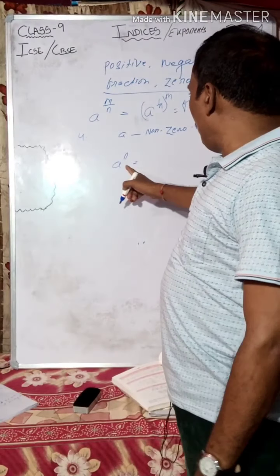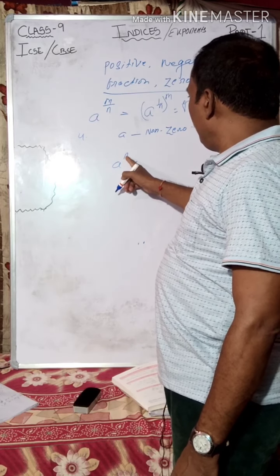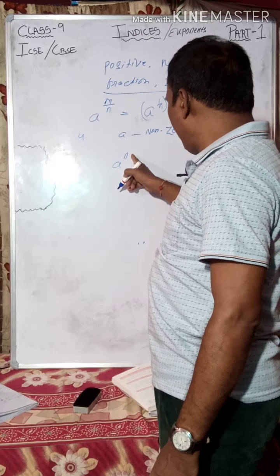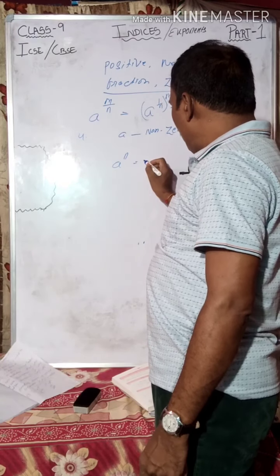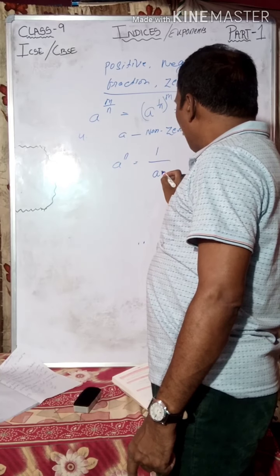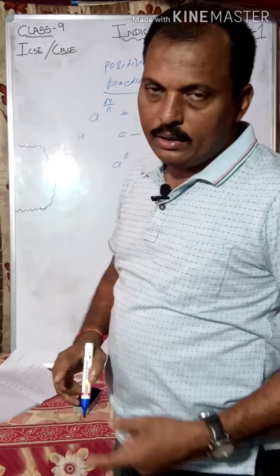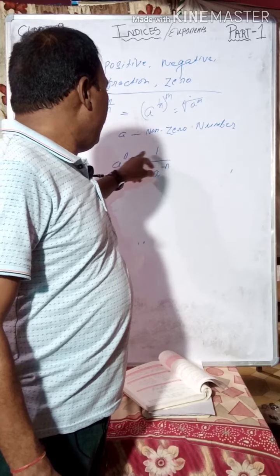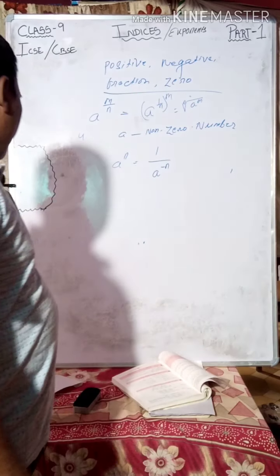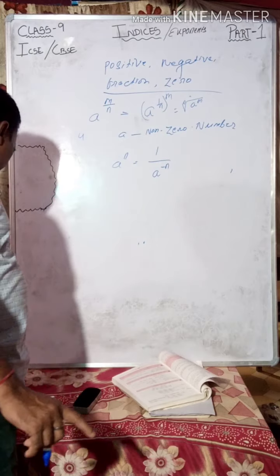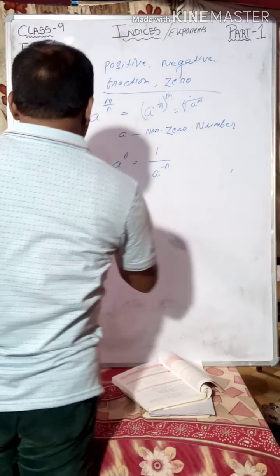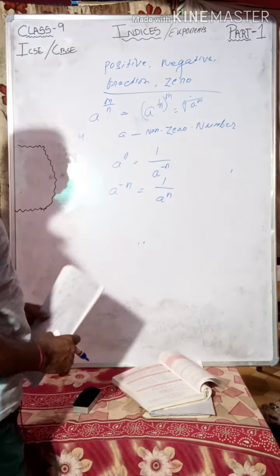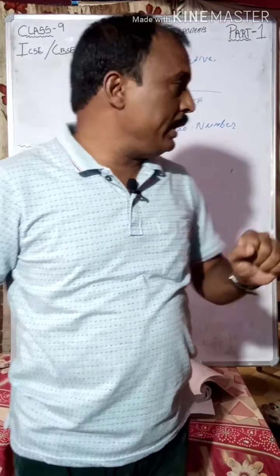So a to the power n, n may be 0, may not be 0, but a cannot be 0. Then a to the power n is equal to 1 upon a to the power minus n. Then a to the power minus n is equal to 1 upon a to the power n.